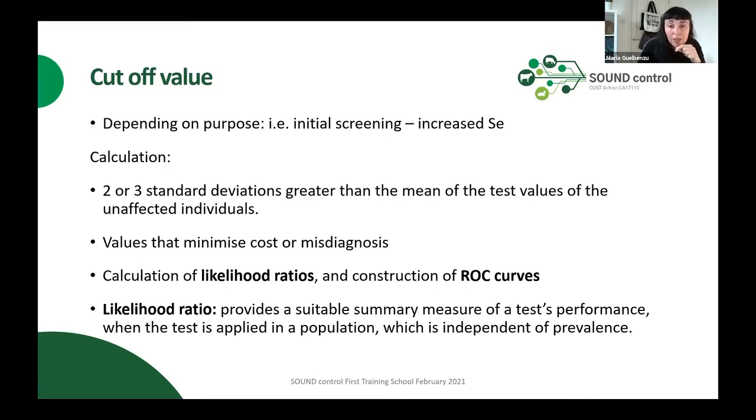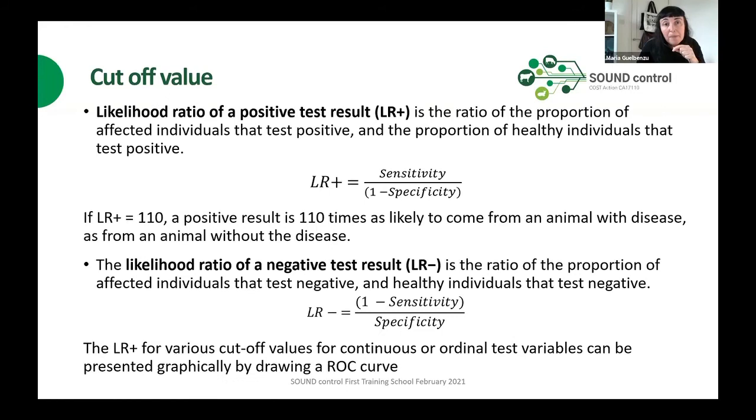So we can have a likelihood ratio of a positive test result or a negative test result. The likelihood ratio of a positive test result is the ratio of the proportion of affected individuals that test positive and the proportion of healthy individuals that test positive. So as you can see, it is sensitivity divided by 1 minus specificity.